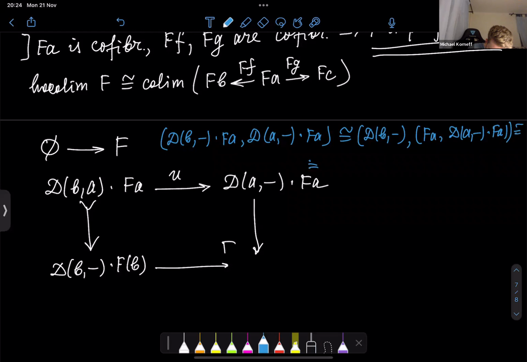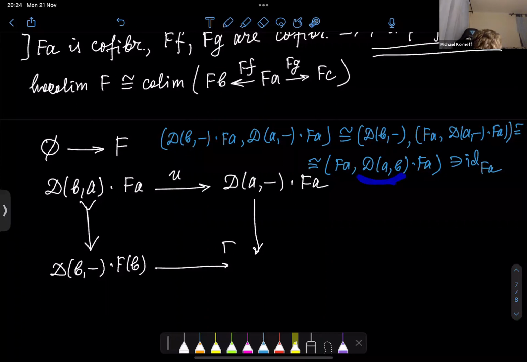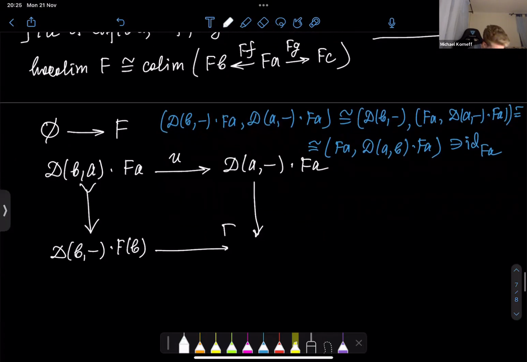So by the unit lemma, this is the same as the following set, but in this set we have, of course, the identity arrow from FA to FA, because this term is just a coproduct of copies of FA, and by adjunction we can find the arrow U, which corresponds to the identity arrow by this adjunction isomorphism.